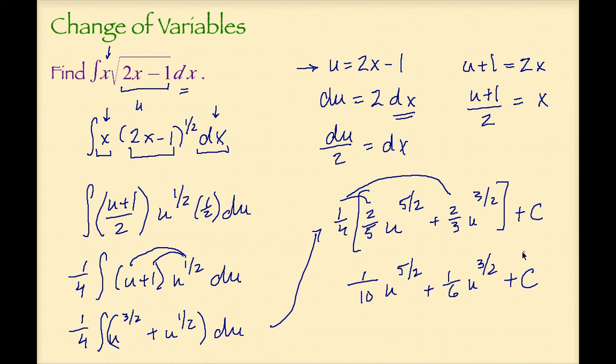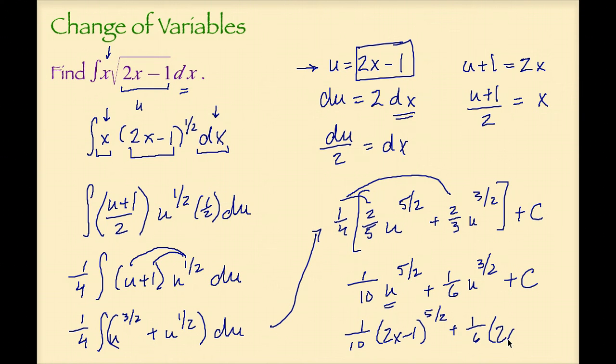And of course, for my final answer, I will substitute for u the original expression from the integrand, which is 2x minus 1. So I'll have 1/10 (2x minus 1) to the 5/2 power plus 1/6 times (2x minus 1) to the 3/2 power plus c. And that takes u substitution to a whole new level of usefulness. No pun intended.